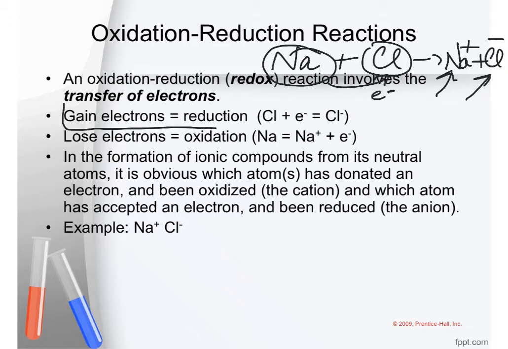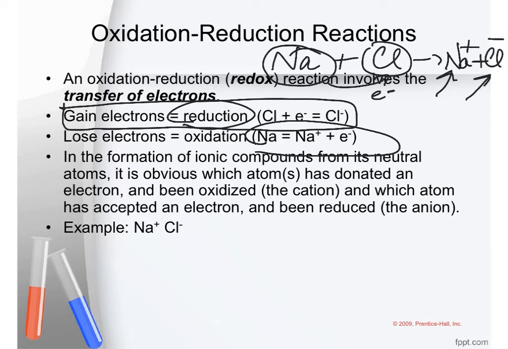So the substance that gained electrons is the chlorine, and so chlorine was reduced. Sodium is the substance that gave away the electrons, so sodium was oxidized. It's really easy in this reaction to see what's been oxidized and reduced.